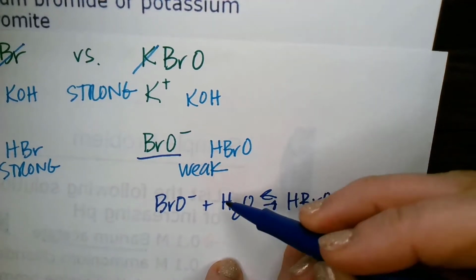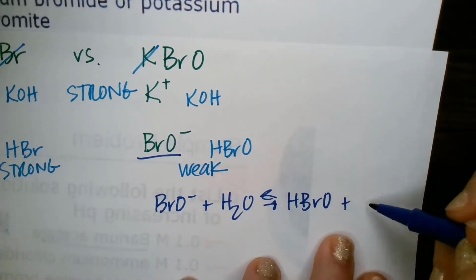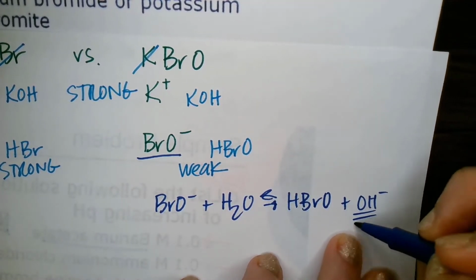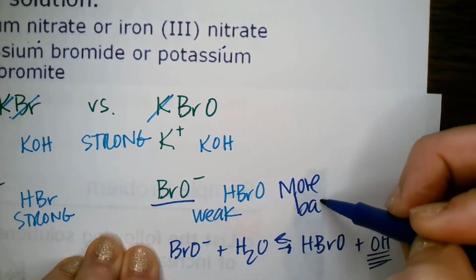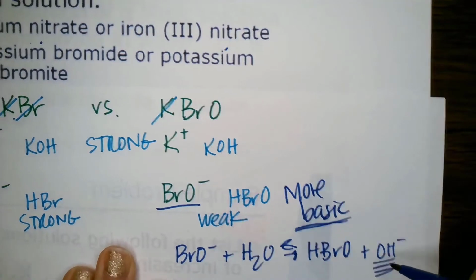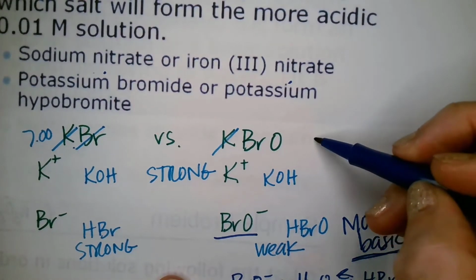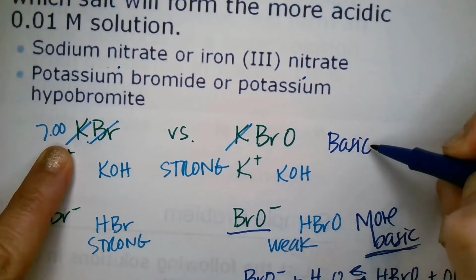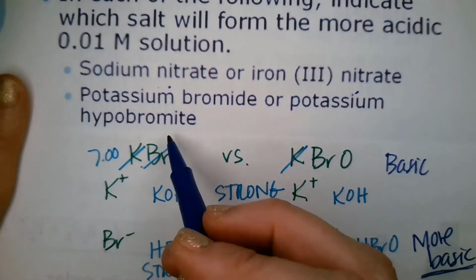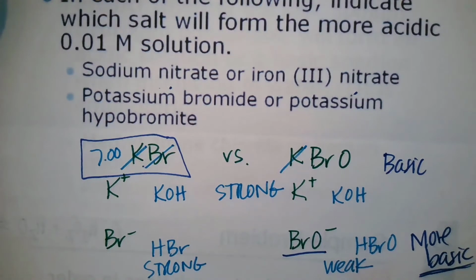And what are we left with? Our water just gave 1 proton away, so we're left with OH-. So this is going to become more basic. Those hydroxide ions make this more basic. So we've got a 7.0 and we have basic. So which one is more acidic? Our potassium bromide.